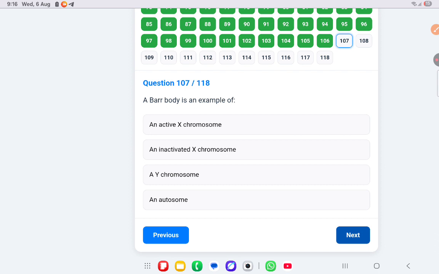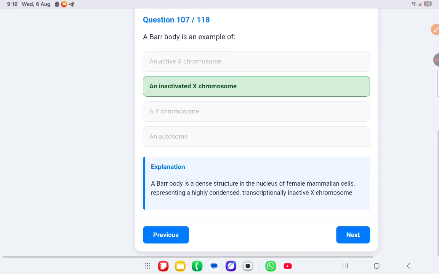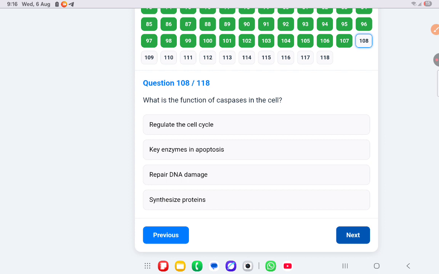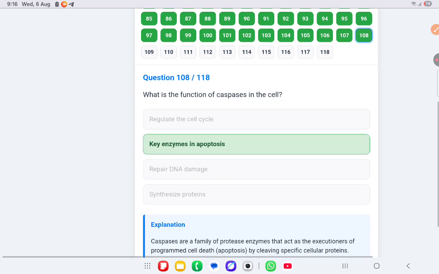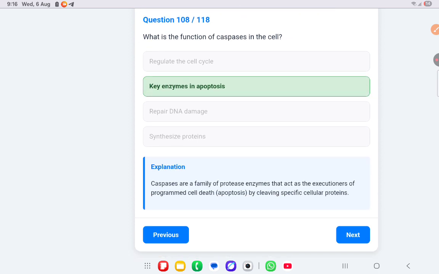Next, the Barr body is an example of an inactivated X chromosome. What is the function of caspases? Key enzymes in apoptosis.